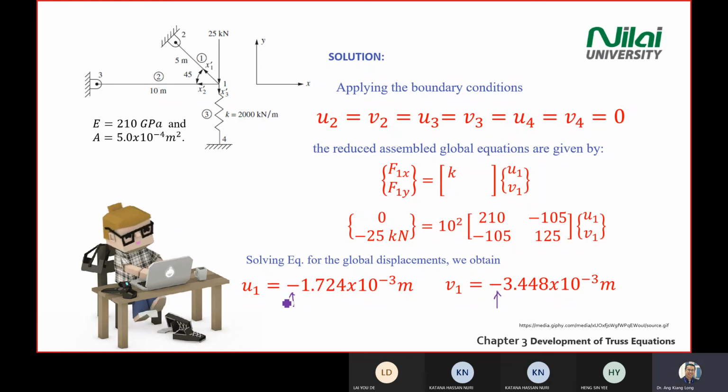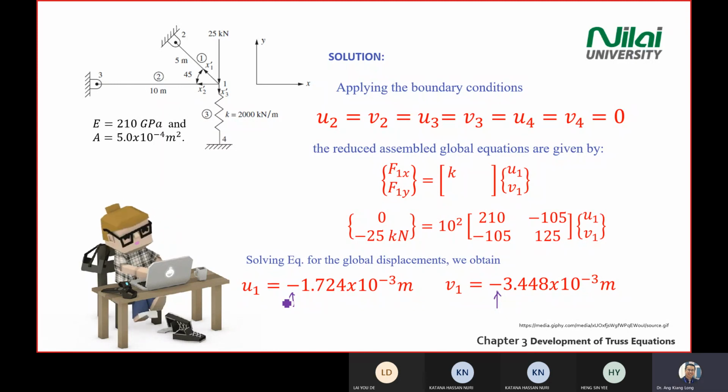Does it move up, move down, left or right? Left. Move to the left. Correct. The answer is correct because your x direction is to the right. You get negative. Yeah.